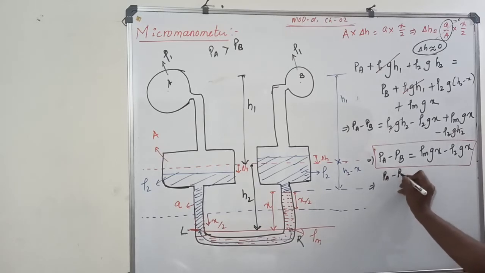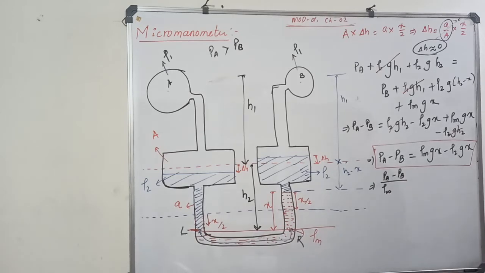Now what I'll write, sir? You are going to write in terms of head, pressure head in terms of water. Very good. So rho W, take G common from here, divide here. So what you got, sir?